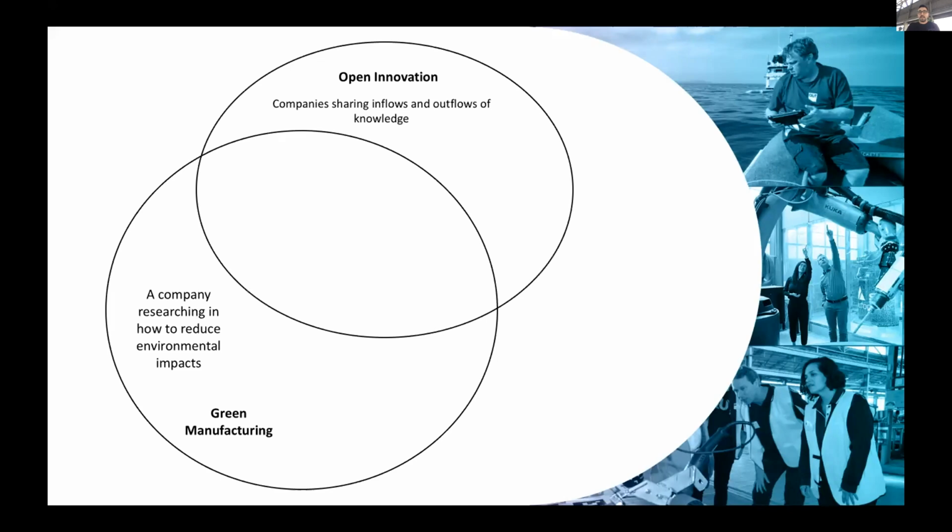If companies are working under open innovation principles, these companies are sharing inflows or outflows of knowledge. If we can find companies that are sharing inflows and outflows of knowledge to reduce environmental impacts, obviously these companies are meeting open innovation principles and also green manufacturing principles.